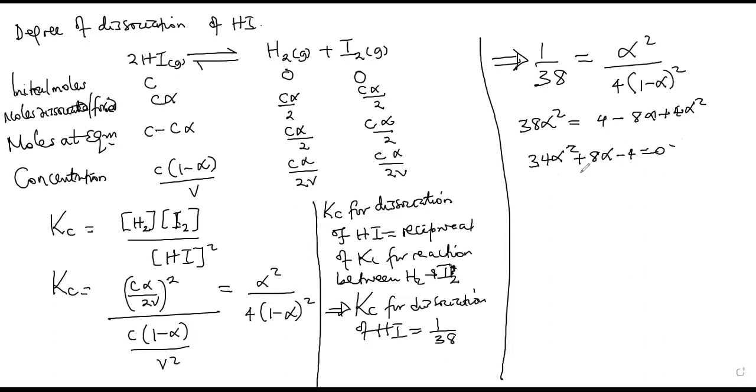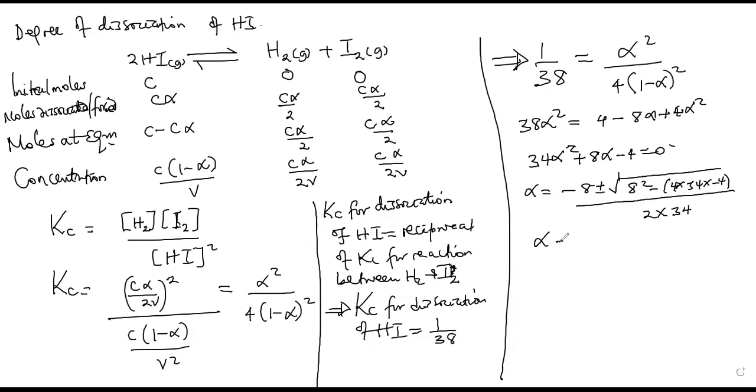Put in the quadratic formula: alpha will be equal to negative b, which is minus 8, plus or minus the square root of b squared, 8 squared, minus 4 times a, which is 34, times c, which is negative 4, over 2a, which is 2 times 34.